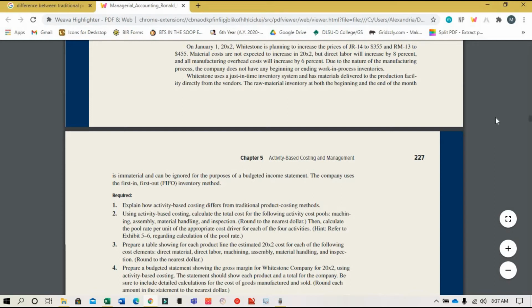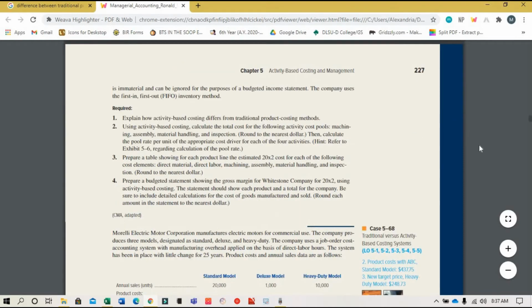Number 4, prepare a budgeted income statement showing the gross margin for Whitestone Company for 20X2 using activity-based costing. The statement should show each product and a total for the company. Be sure to include detailed calculation for the cost of goods manufactured and sold. Round each amount in the statement to the nearest dollar.